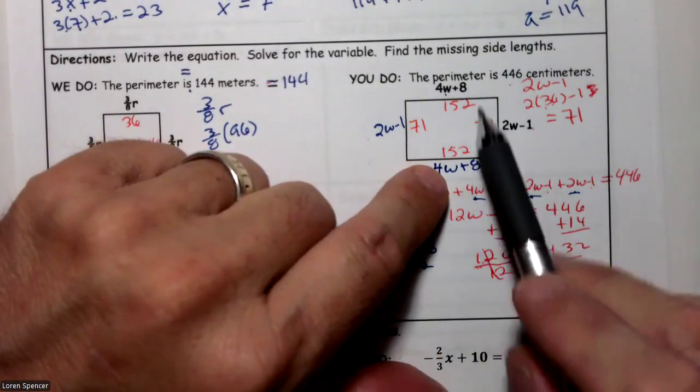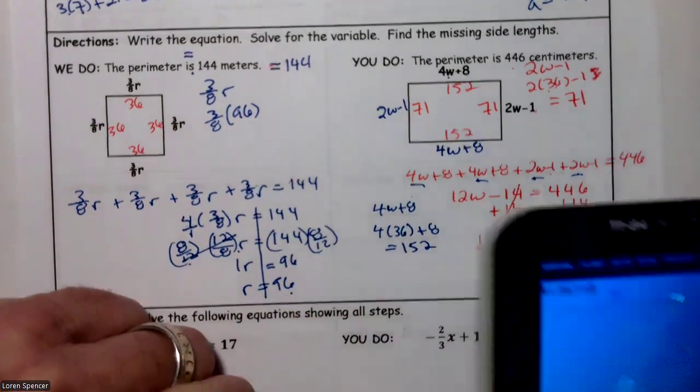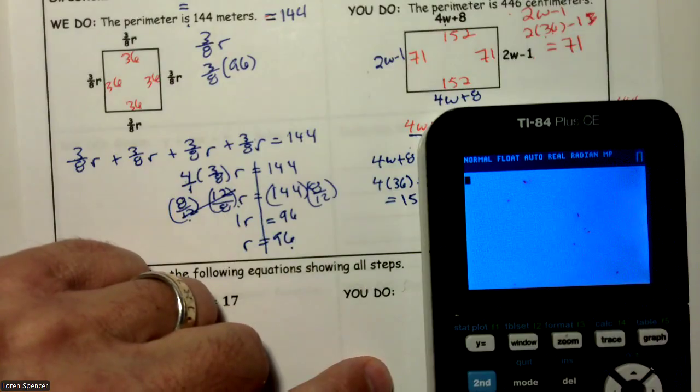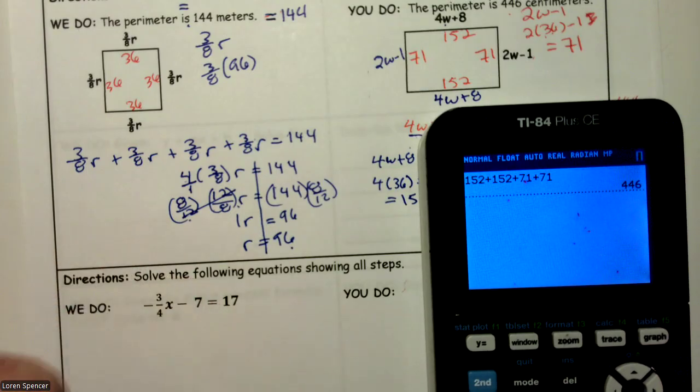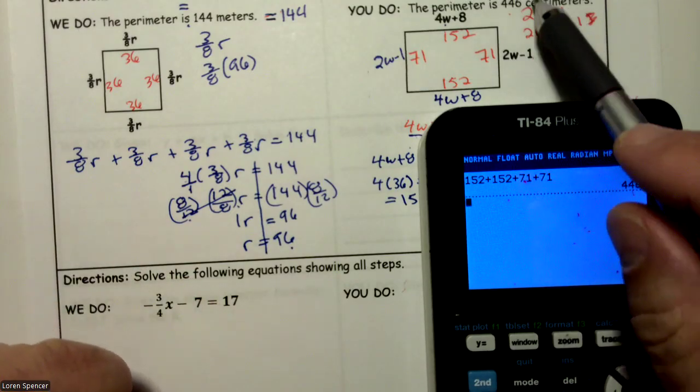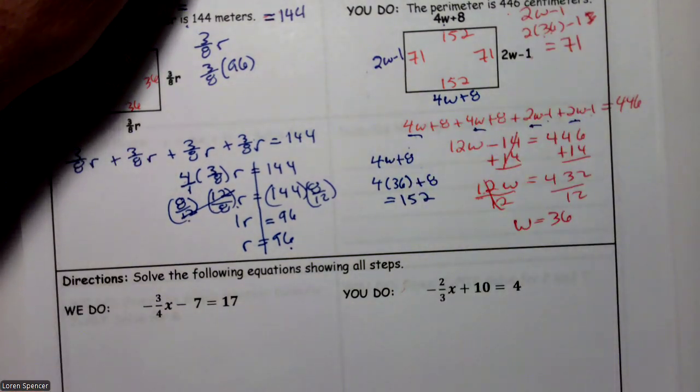So these two sides are 152 and these two sides are 71. So 152 plus 152 plus 71 plus 71, and we ended up getting 446, and that's what we started with.